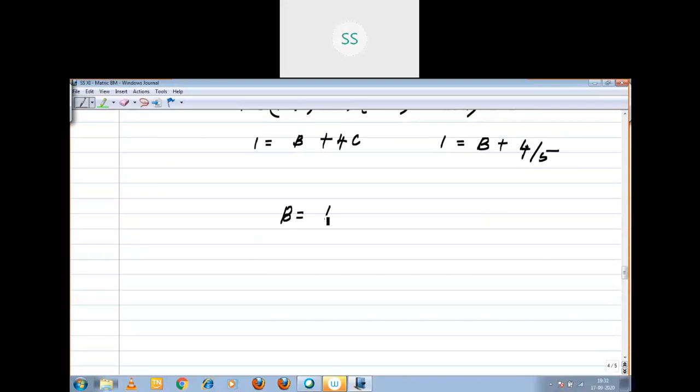Now b is equal to 1 minus 4 by 5, which is equal to 1 by 5. Got it?